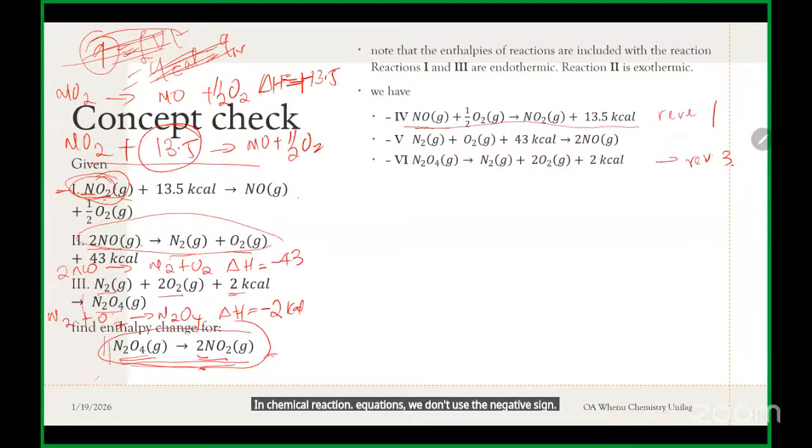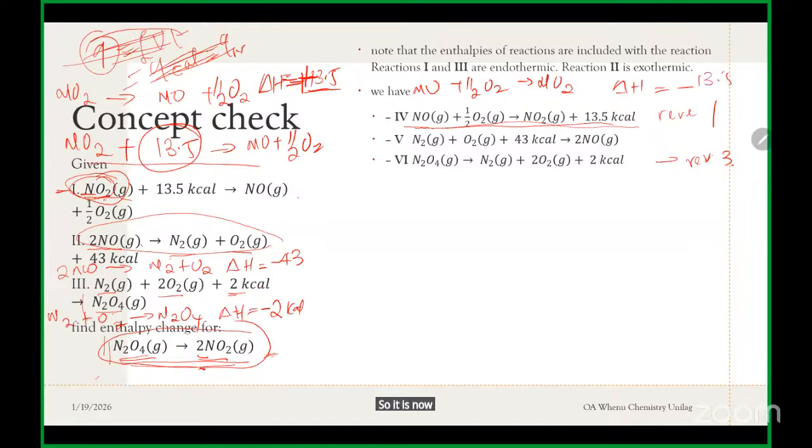So the other way I can write this is NO plus half O2 going to NO2, and delta H now, here it was positive 13.5, so it is now minus 13.5. And we have added it to the product side. Okay, thank you for those of you that have responded.